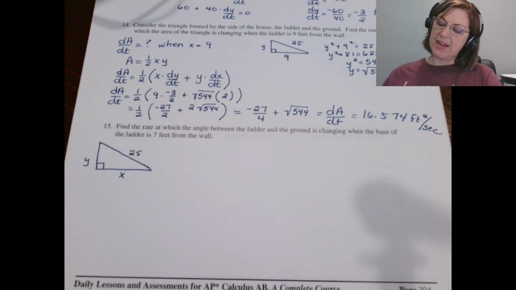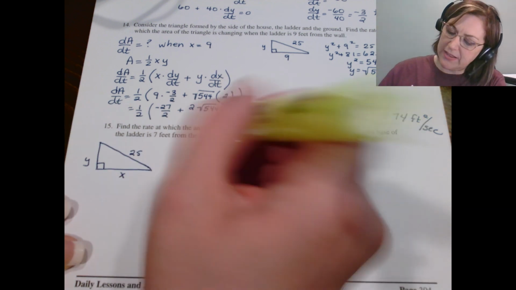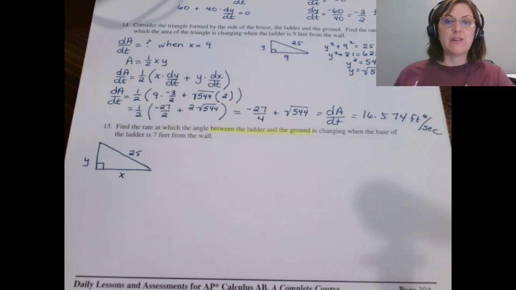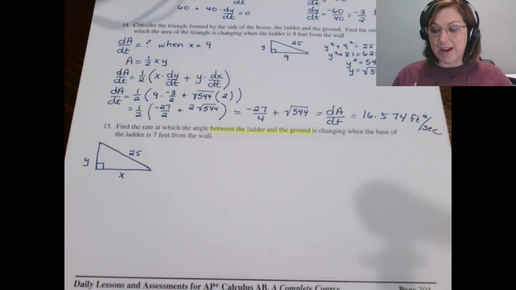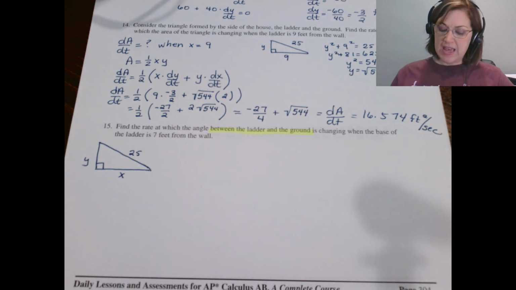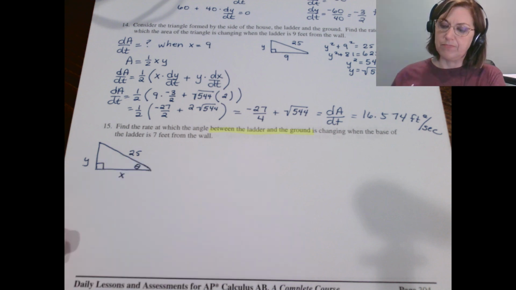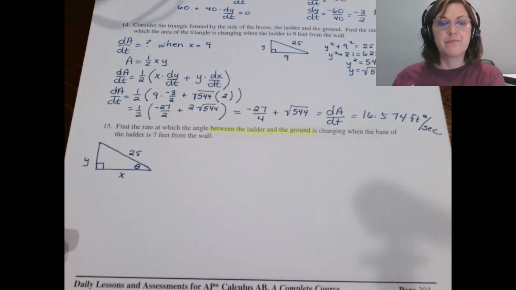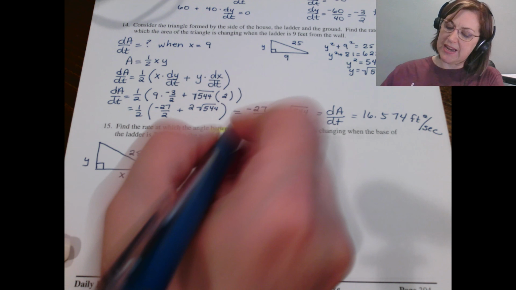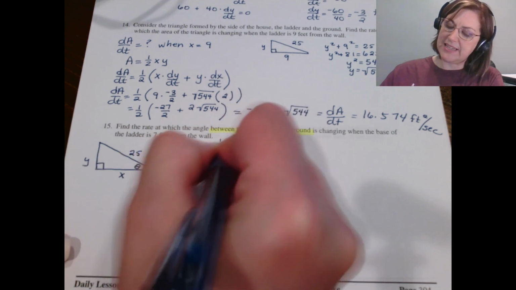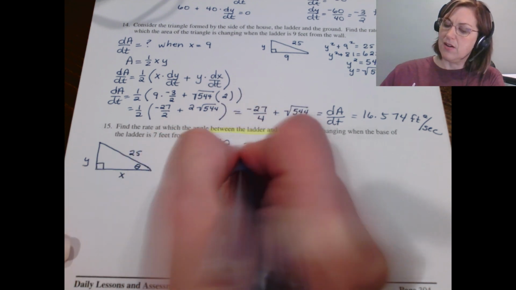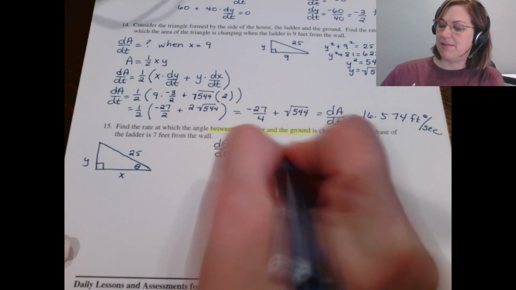We want to find the rate at which the angle between the ladder and the ground changes. That's very important that you identify the correct angle. And for that, that's between the ladder and the ground. That's this angle. And we want to know what d theta/dt is when x is 7.